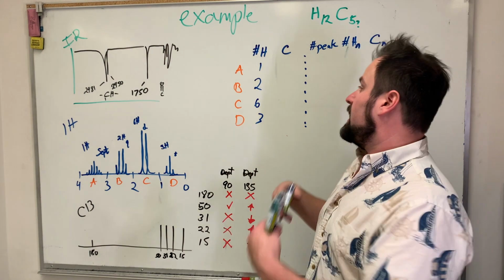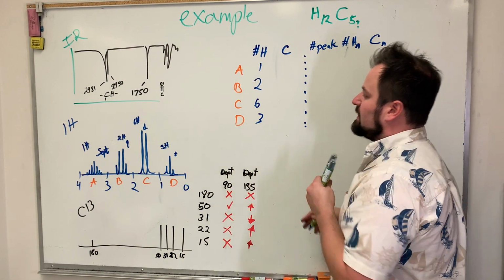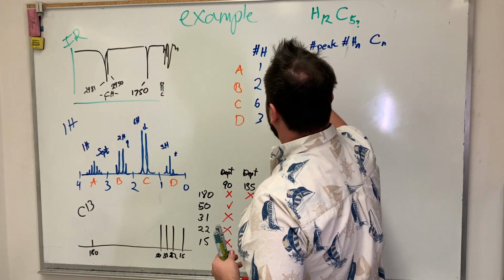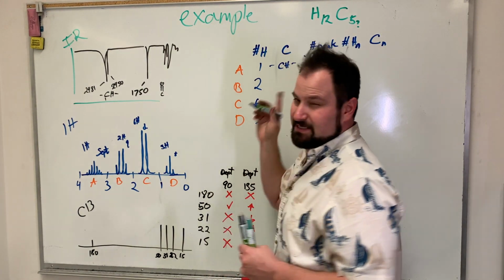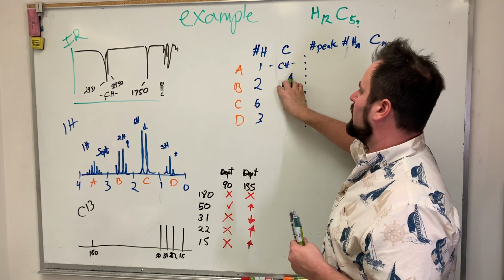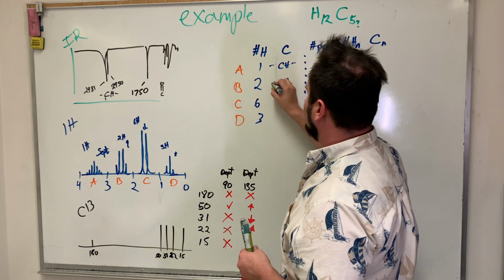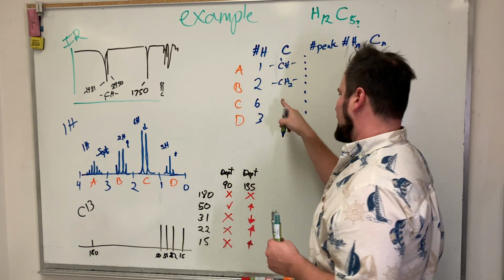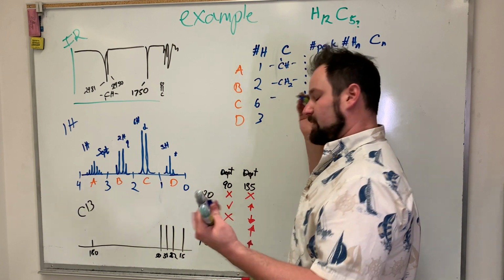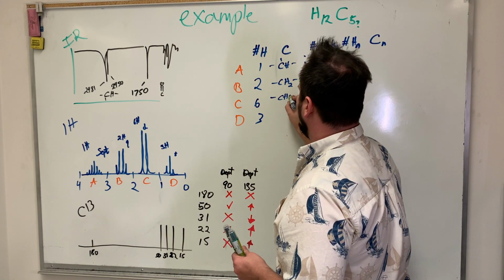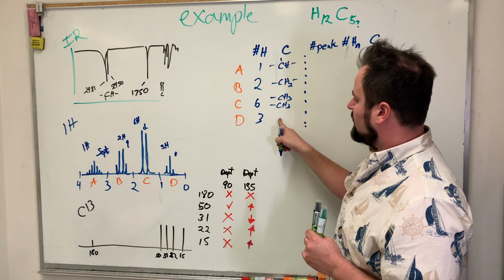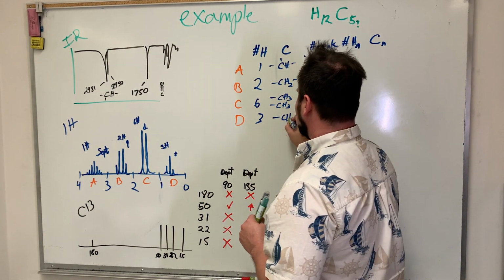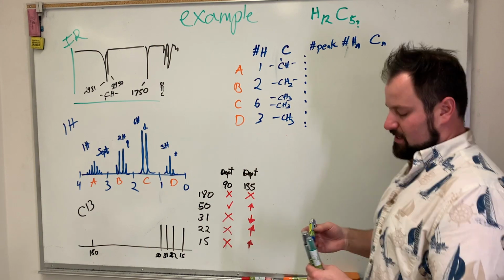That's easy enough. And as we said before, what is this most likely? Well, most likely this is going to be a CH of some kind. And this is a proper CH. It's not just any single bonded. This one's going to be most likely a CH2. And this 6, remember, can you guess what it is? Yep, that's 2 CH3s, 2 symmetric CH3s. And then here, once again, we see another CH3.